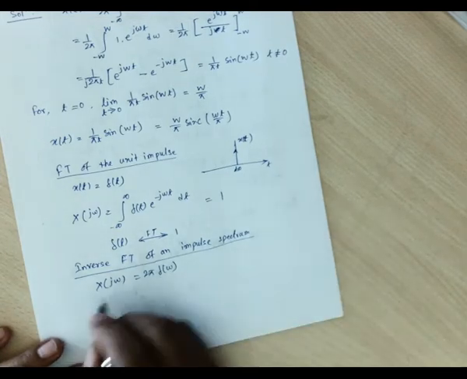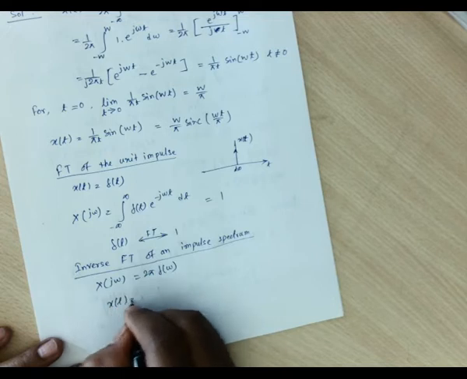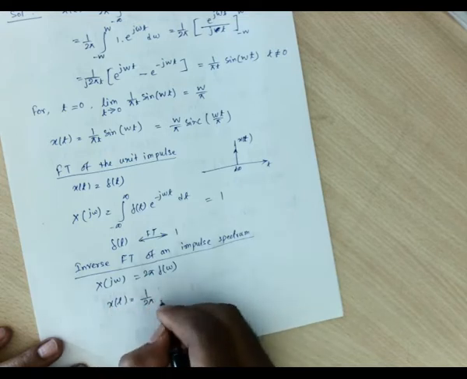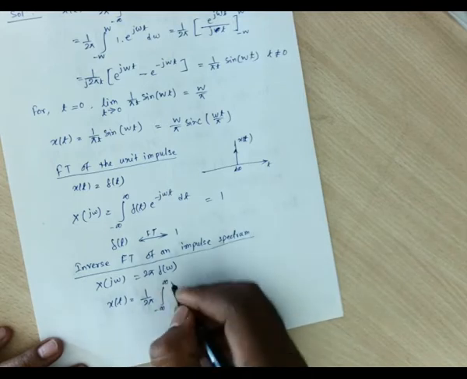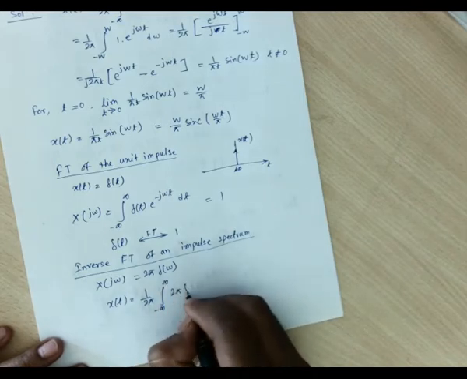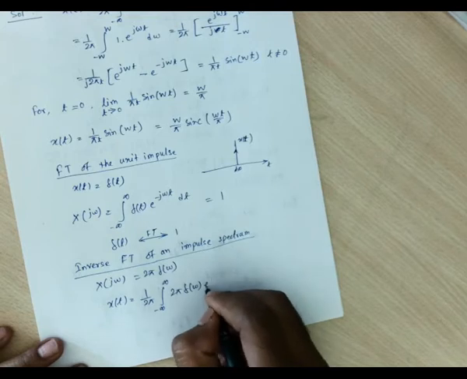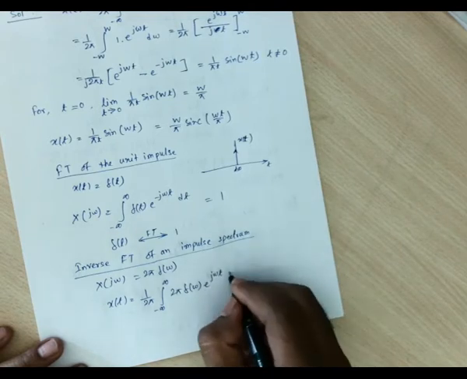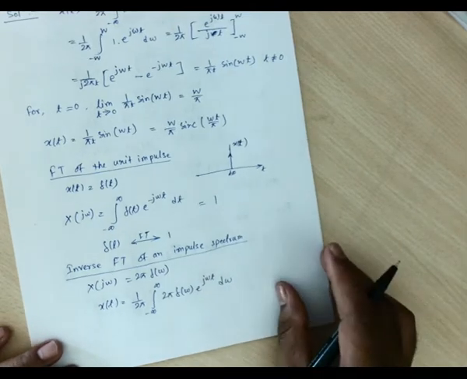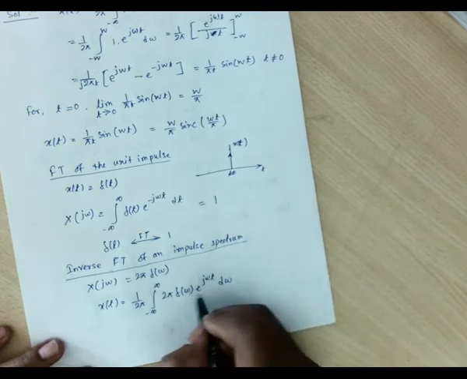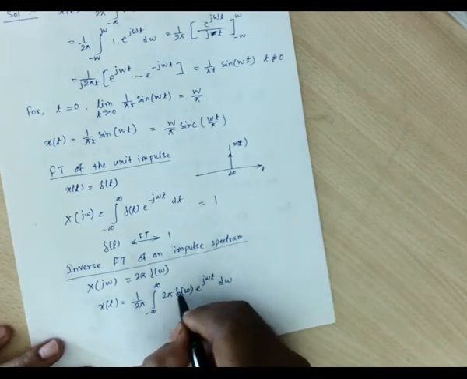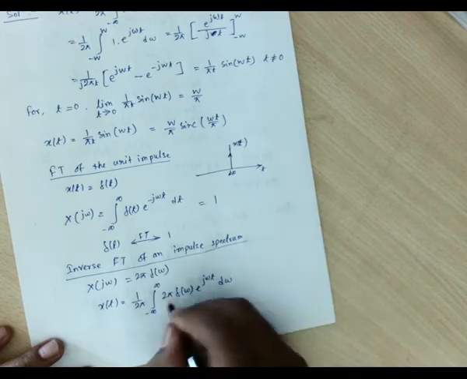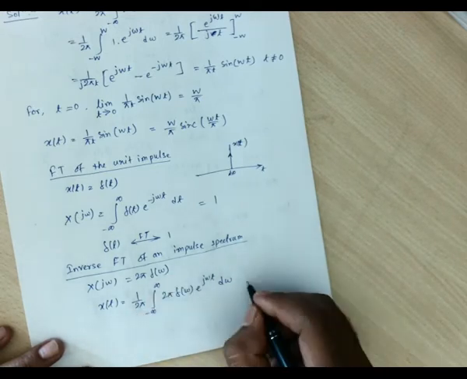If we go with finding this x of t, how can we find it? 1 by 2 pi integration from minus infinity to infinity 2 pi del of omega e to the power j omega t d omega, right? Except this 2 pi, the rest of the part is 1, right? So this 2 pi will get cancelled.